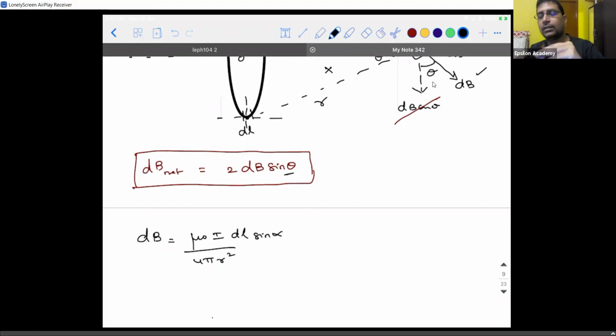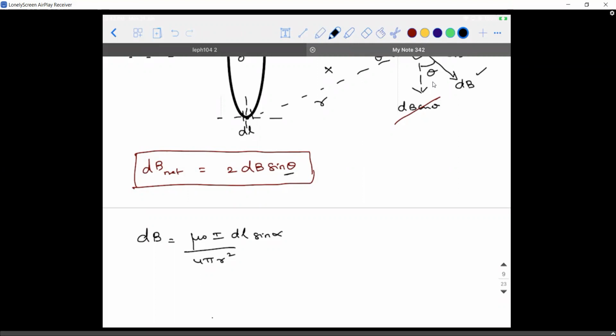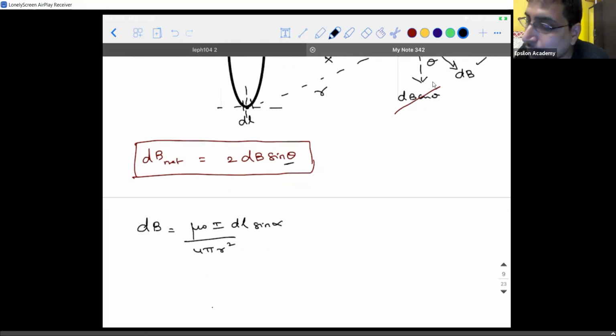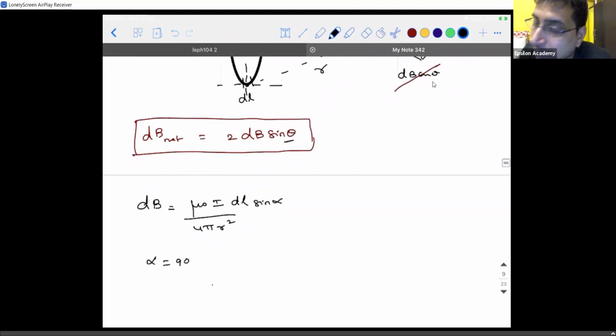Right? This is R vector, because there is a place where point P is there. If I tilt and see, what is the angle between these two guys? 90. So the value of alpha will be 90 degrees.